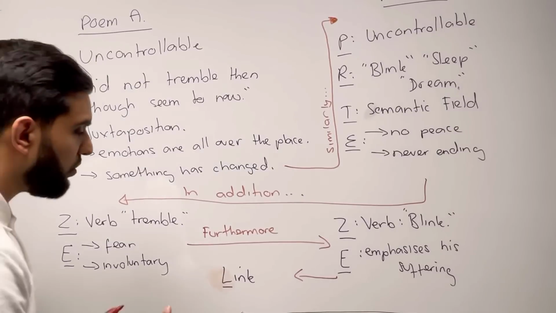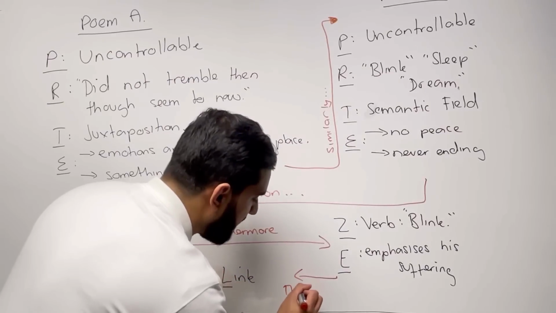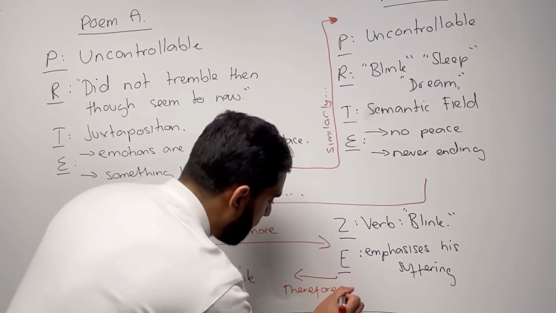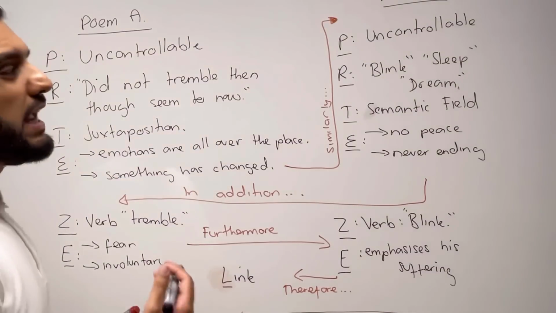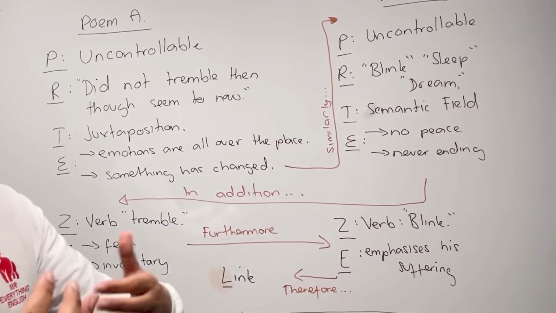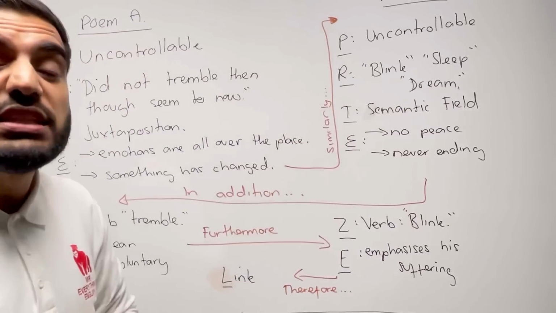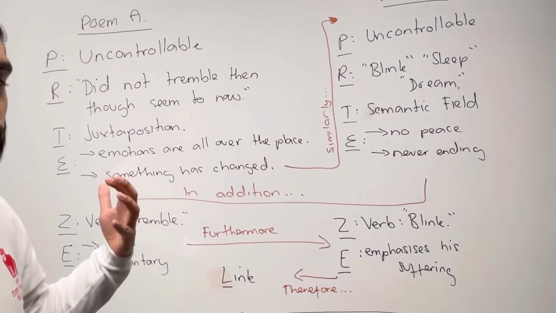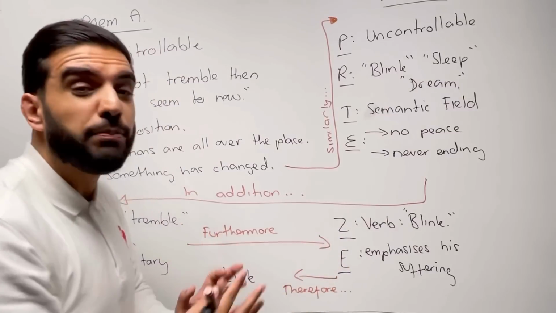And in the link, all we do is summarize our key points. Therefore, as you can see, in both poems, inner conflict is presented as being uncontrollable. However, for example, in Remains, he suffers way more than in War Photographer. The purpose of the ending is to bring both of the poems together.